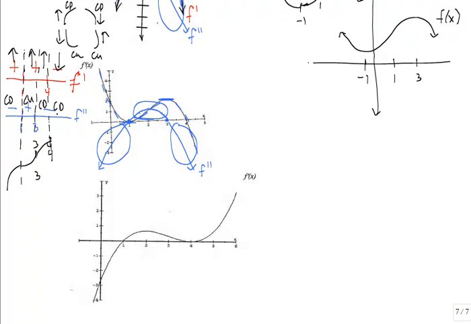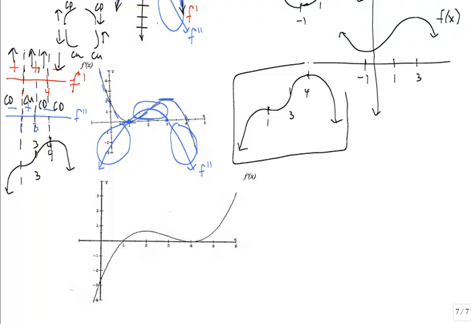And then after 4, I'm concave down, decreasing, like that. So my general graph for f is going to have this sort of shape to it. And I'm not even going to bother to put any axes on there. There is my f of x.